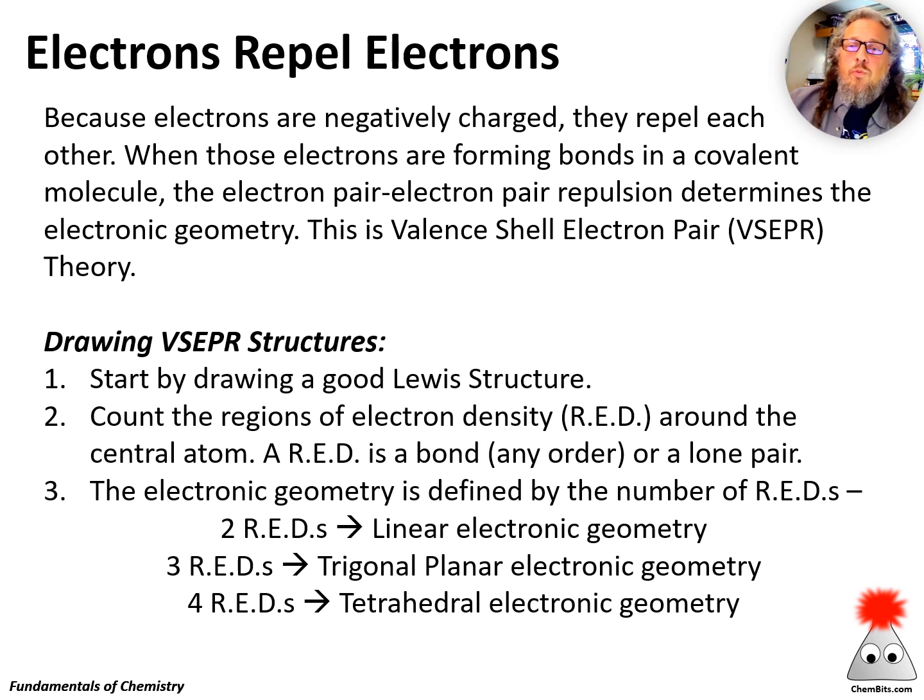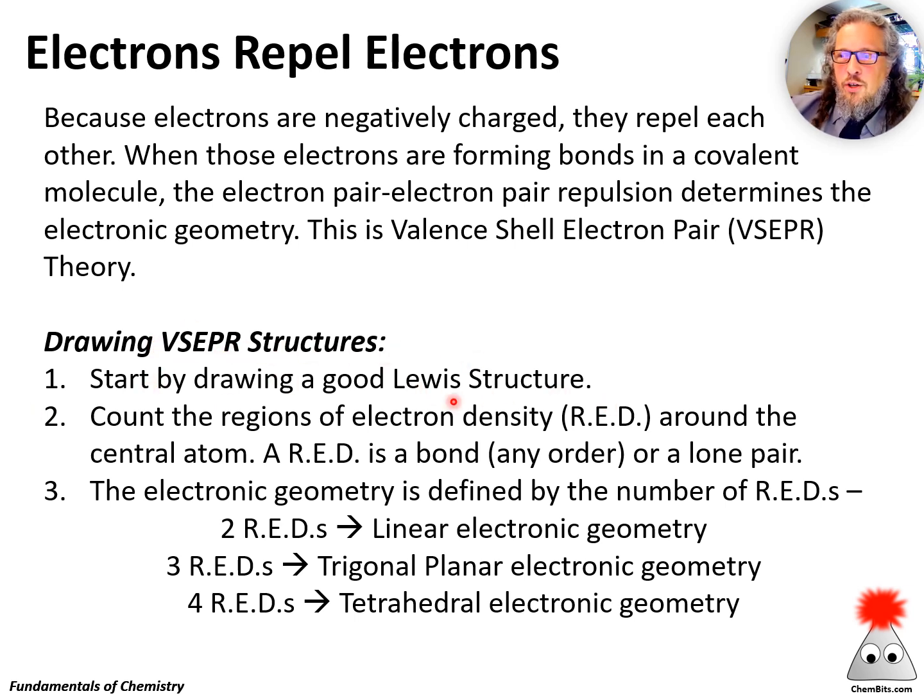So to draw a good VSEPR structure, the first thing we have to do is start by drawing a good Lewis structure, because Lewis structures tell us how the electrons are distributed between the atoms. We then use that to see how those electron pairs repel each other.